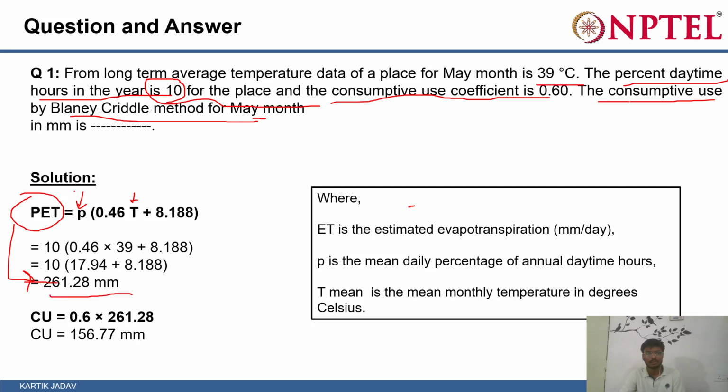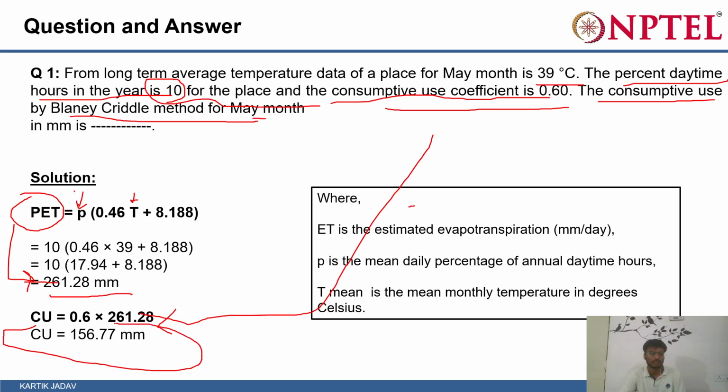and if we multiply this by the consumptive use coefficient, we will get the consumptive use of the particular crop. This consumptive use coefficient is basically similar to the crop coefficient.